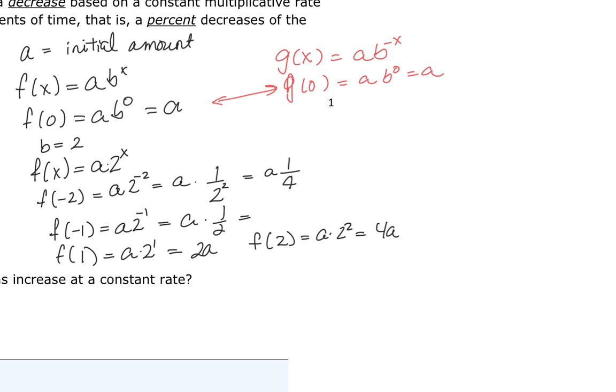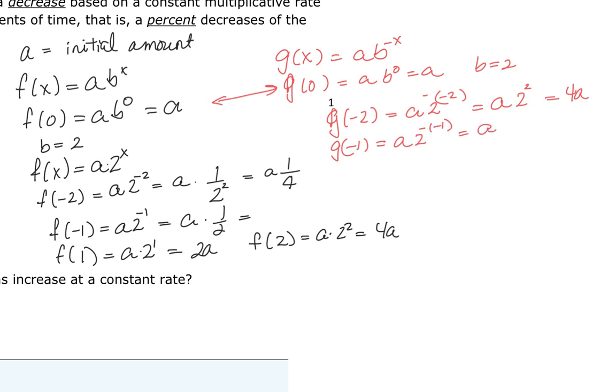So if I do g of negative 2, this is a, and again, we'll let b equal 2 for consistency. So we have 2 raised to the negative of negative 2, so this becomes a times 2 squared, because double negatives make it positive, which gives us 4a. g of negative 1 is a 2 raised to the negative of negative 1, which is a times 2 to the 1, which is just 2a.